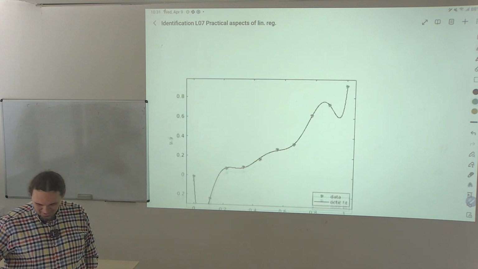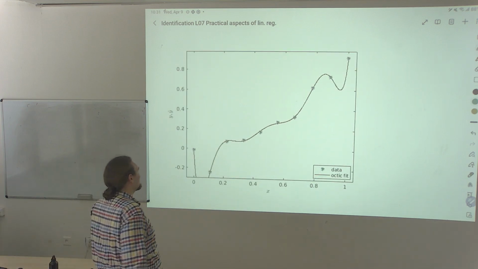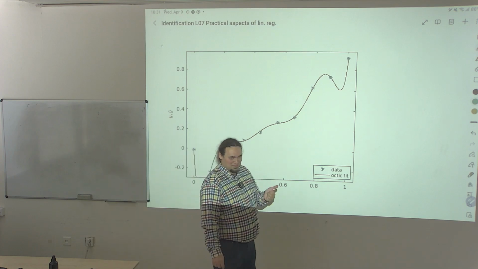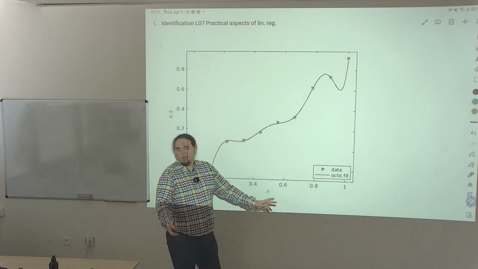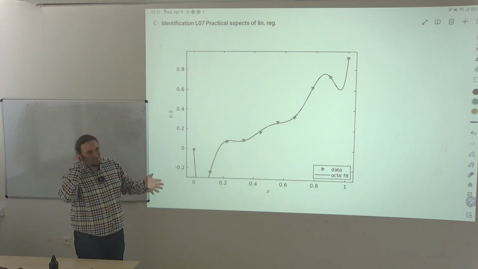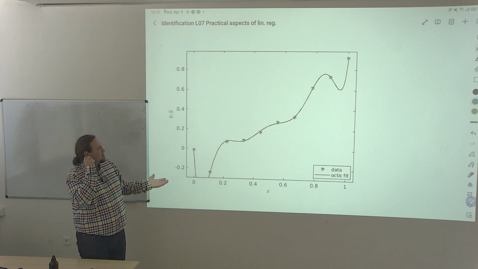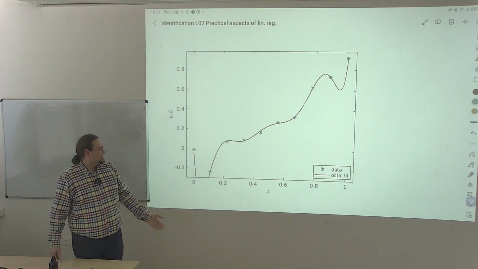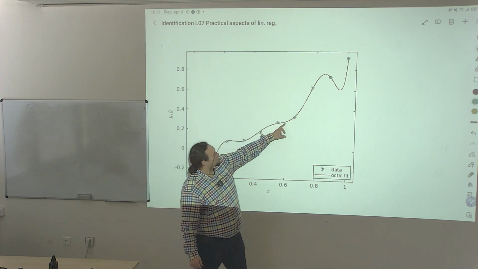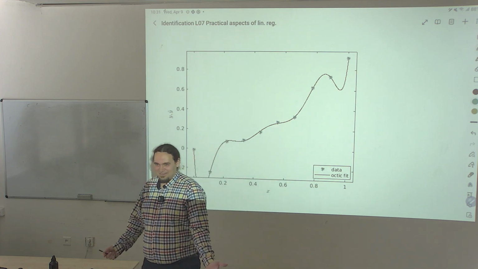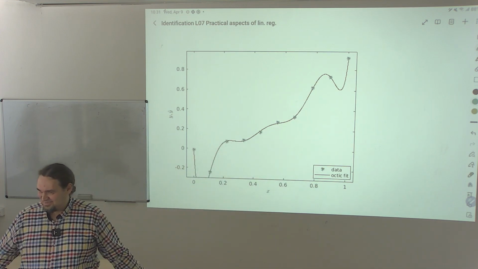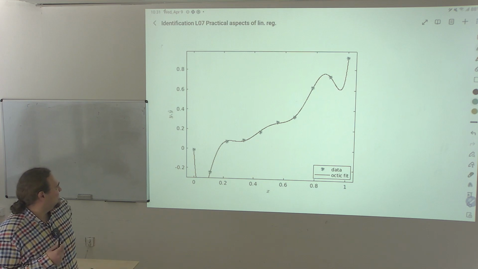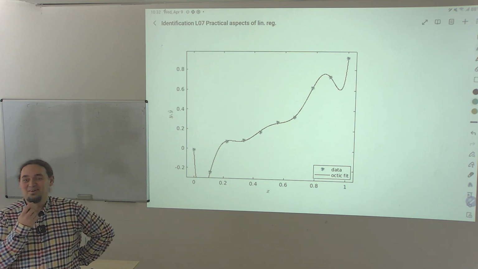We can do it whichever way. So there was linear, quadratic. Now this is an octic fit. I took an 8-degree polynomial. Doesn't it look lovely? It's passing almost through every data point. Is that the correct one?